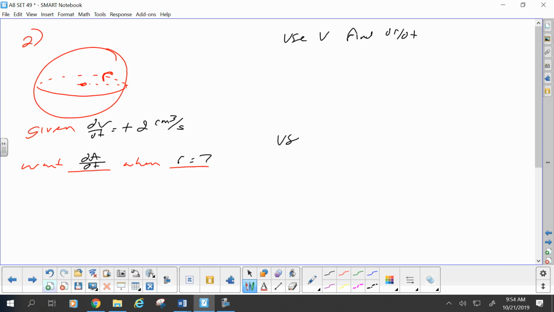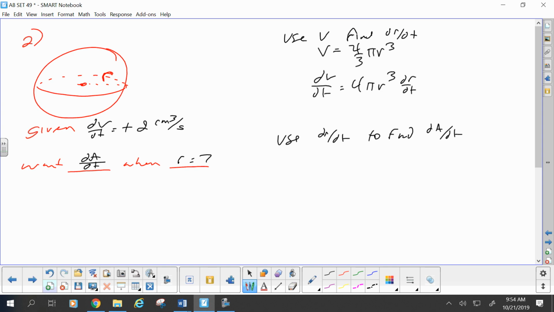Then I'm going to use dr/dt to find how the area is changing. If I start with the volume equation, 4/3 π r cubed, then dV/dt is 4π r squared dr/dt. I know dV/dt is 2, and the radius is 7.